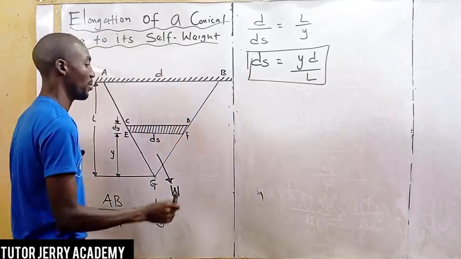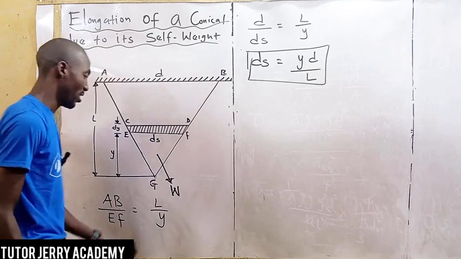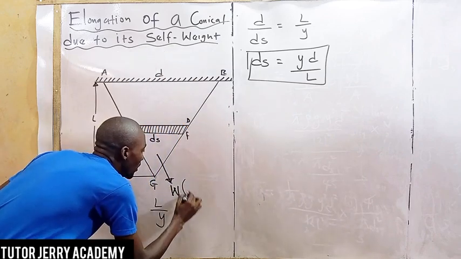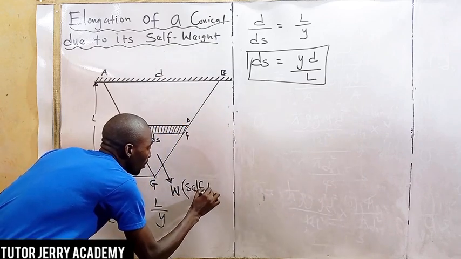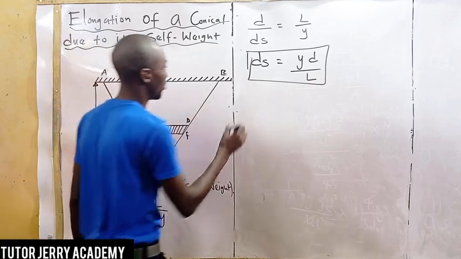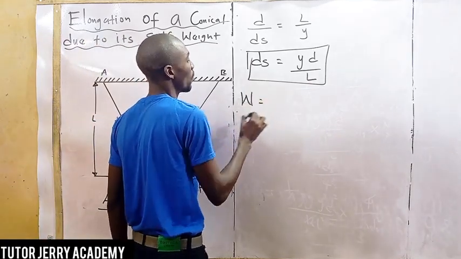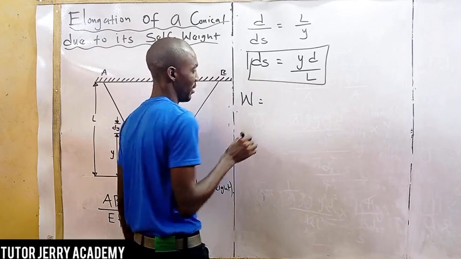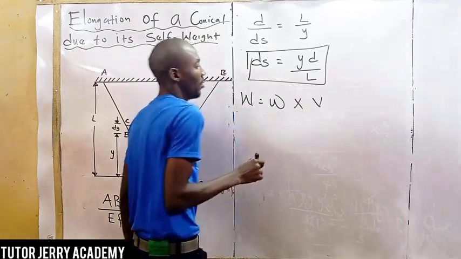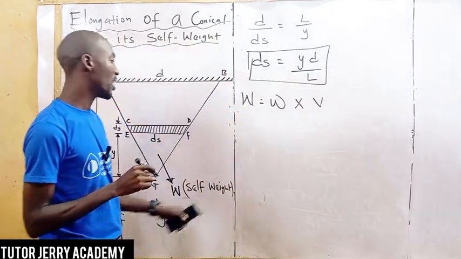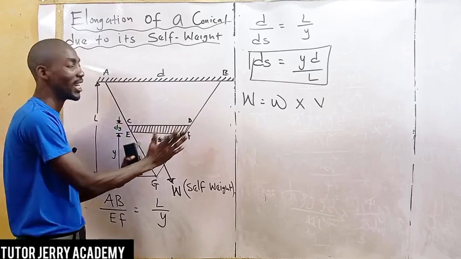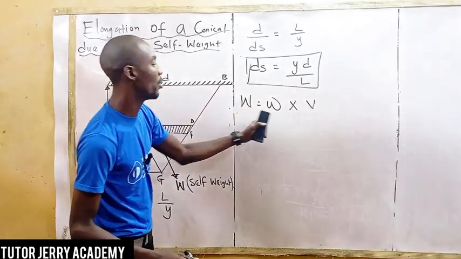From here, the next thing we are going to consider is self weight. Self weight W will be equal to weight density omega times volume. Note that the volume we are considering here is the volume of the differential element.